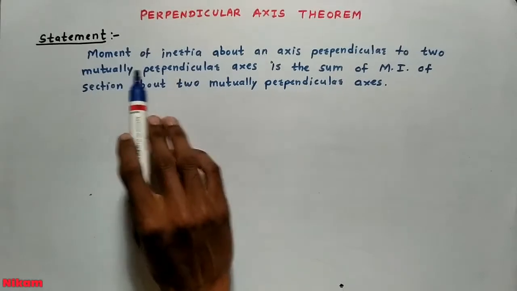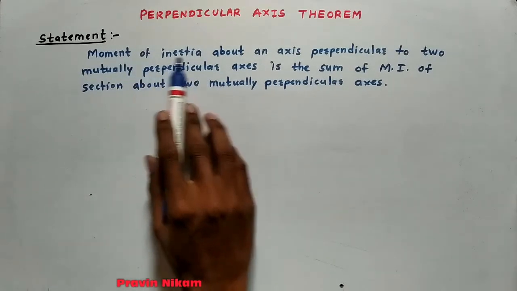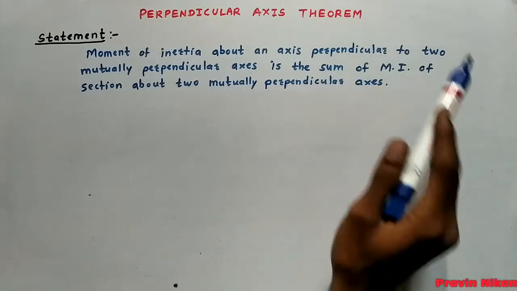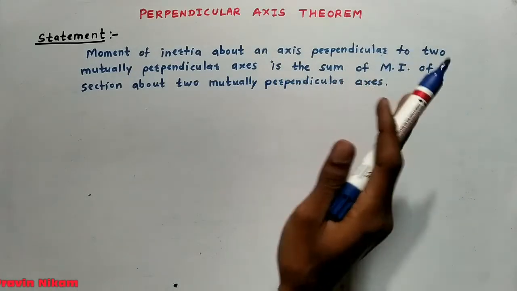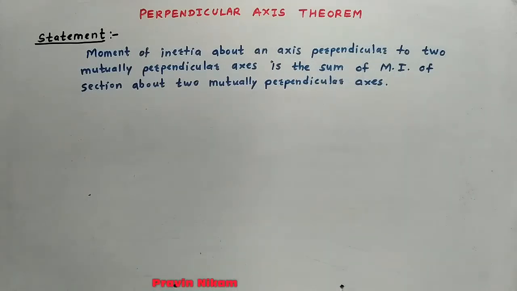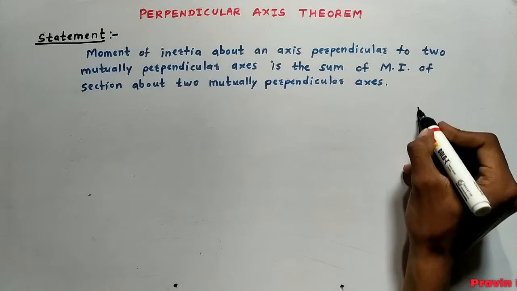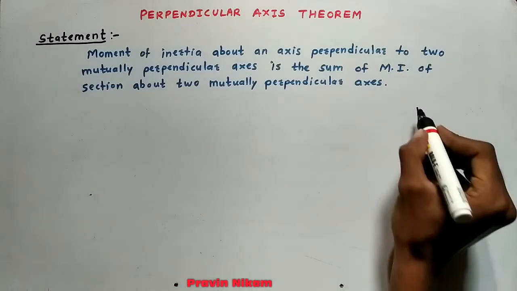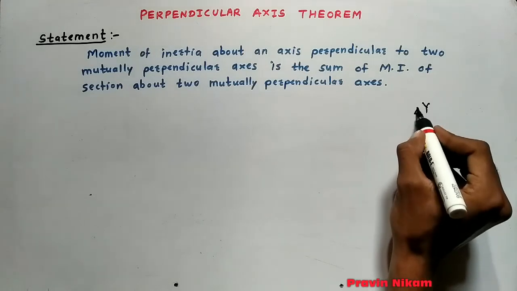Now read this statement carefully. The moment of inertia about an axis perpendicular to two mutually perpendicular axes. We know there are three axes. So this is x-axis. Now this is y-axis.